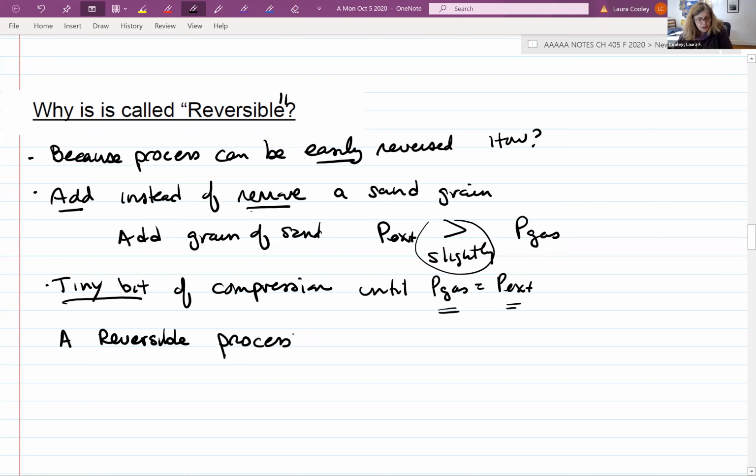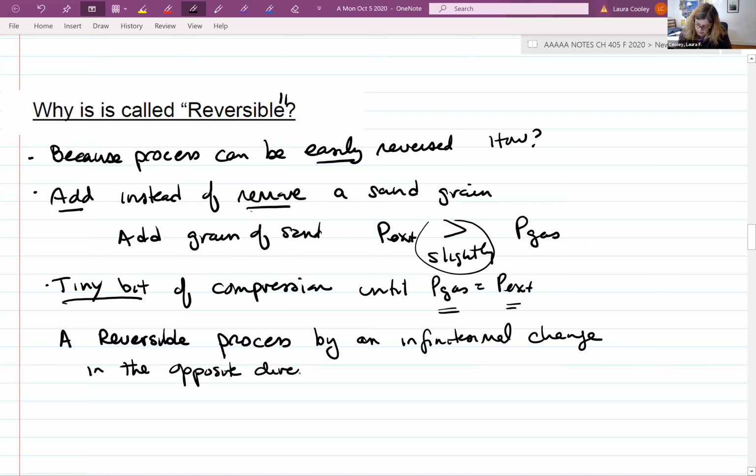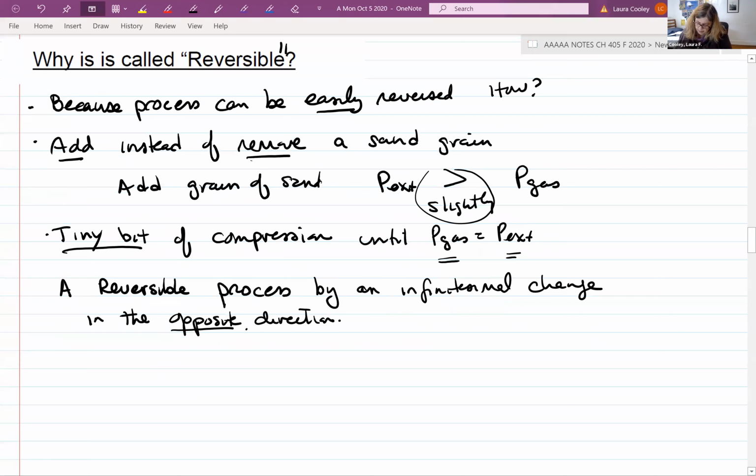It can be reversed by an infinitesimal change in the opposite direction, okay?